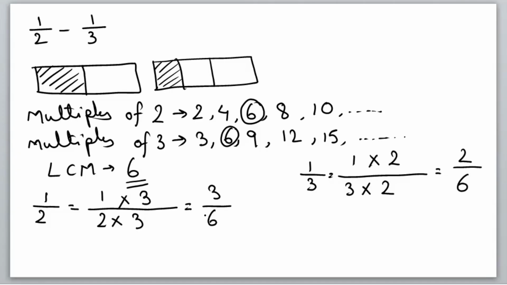Okay? After finding the equivalent fractions, now we have to subtract. 3 over 6 minus 2 over 6. These are the equivalent fractions we got after finding the common denominator and changing the fractions. Now we have to subtract.